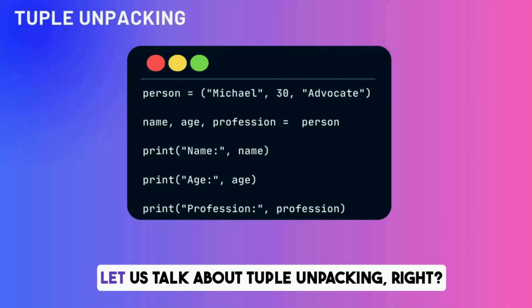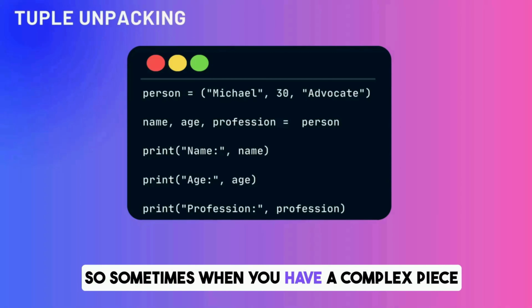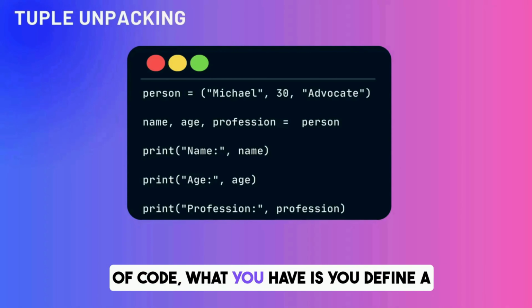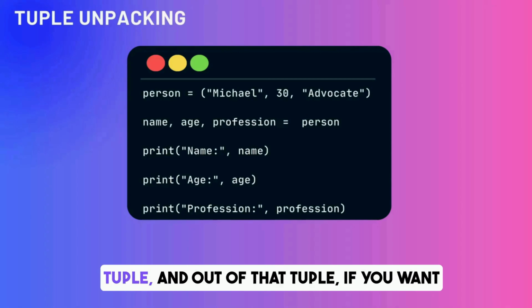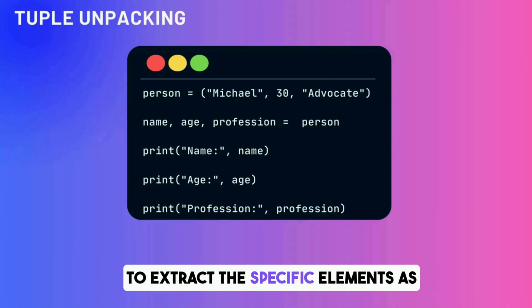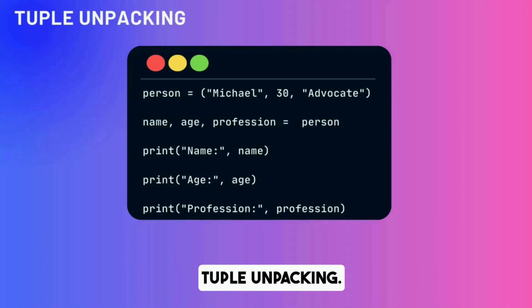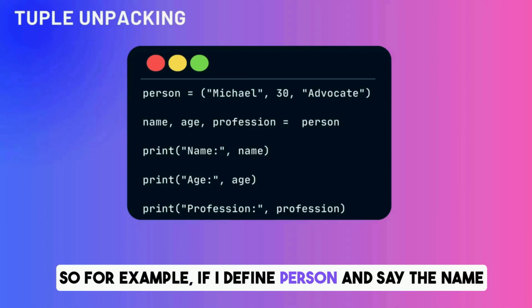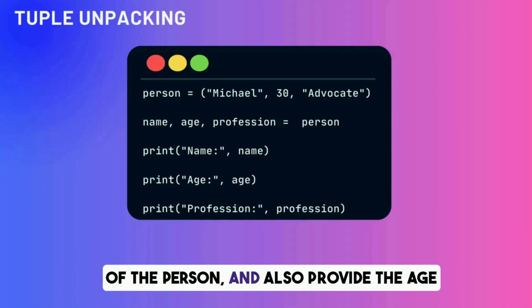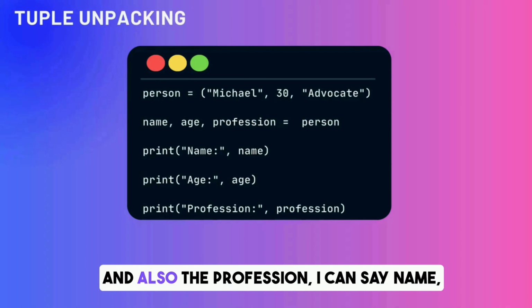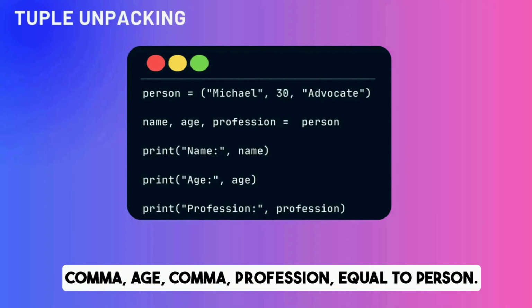Moving on, let us talk about tuple unpacking, right? Sometimes when you have a complex piece of code, you define a tuple, and out of that tuple, if you want to extract specific elements as specific attributes, you can do so using tuple unpacking. For example, if I define person and provide the name of the person, the age, and the profession, I can say name, age, profession equal to person.